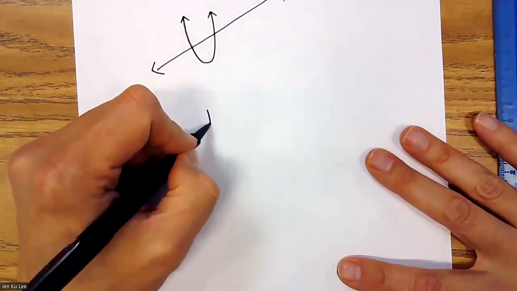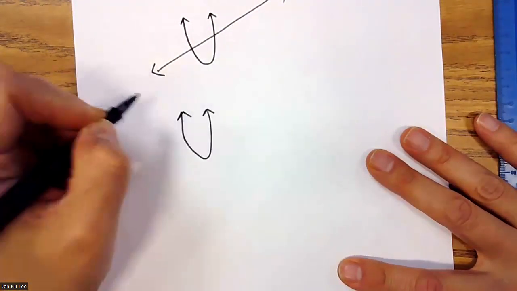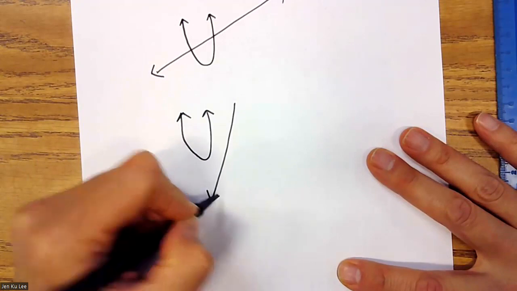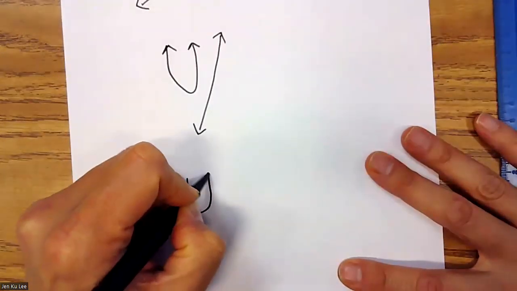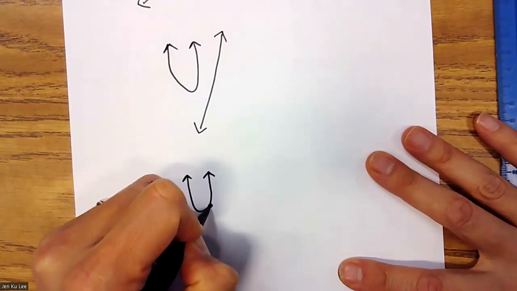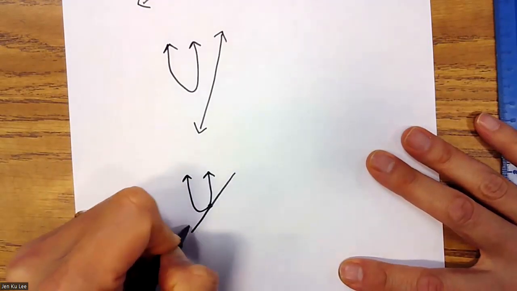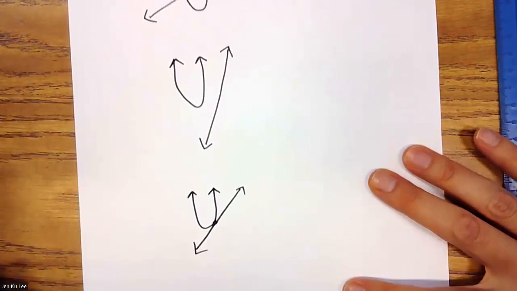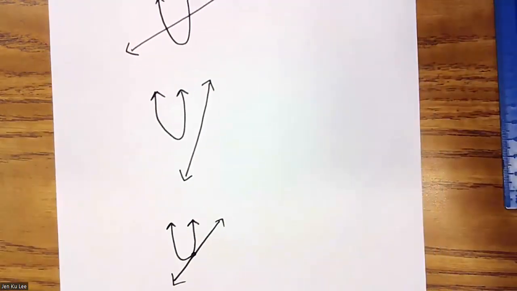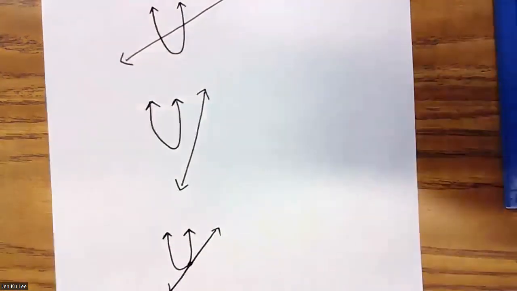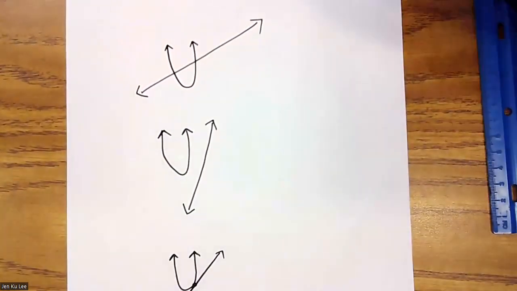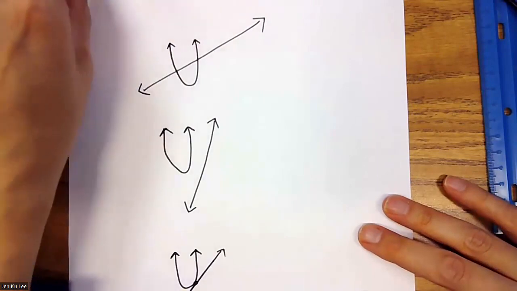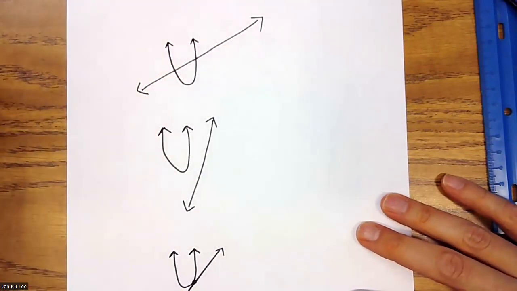Or I can go parabola and a line. Or I can go parabola and a line. Right? There's only 3 options that I can draw with a parabola and a line. If there's any other way, please let me know.